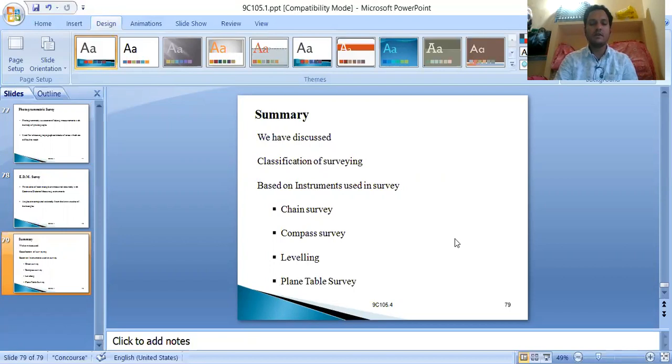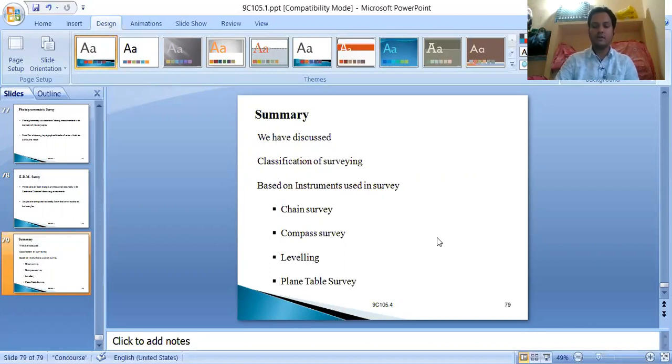In compass survey, we will use instruments like ranging rods, arrows, and sometimes chain and tape. In leveling also we have different instruments like leveling staff, ranging rods, and a level.